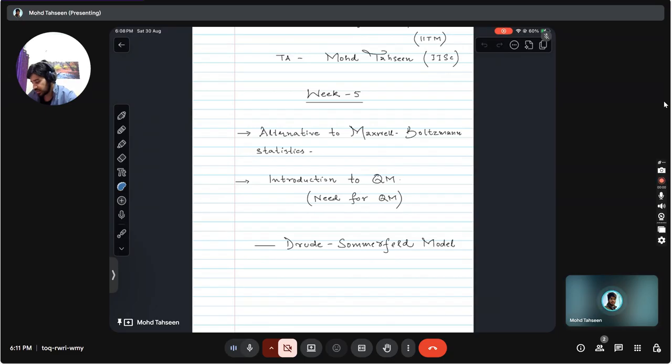So to address that, we will eventually develop a model called the Drude-Sommerfeld model, which will be the topic of today's session.